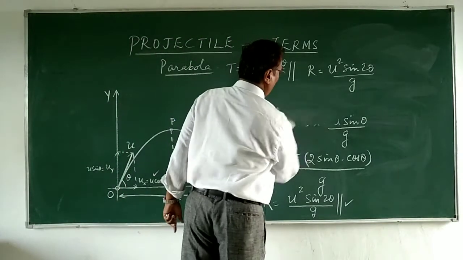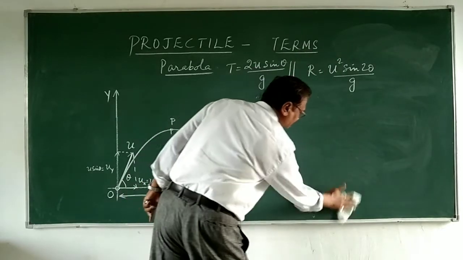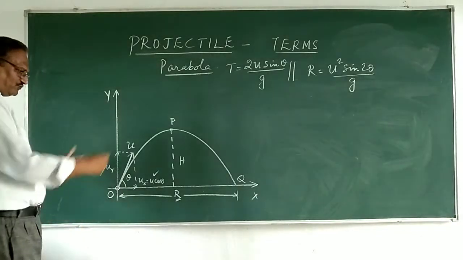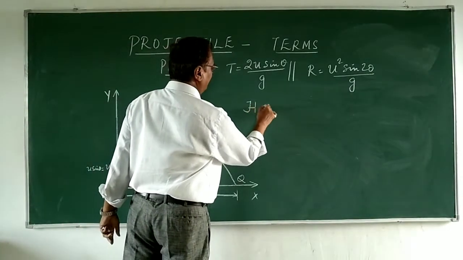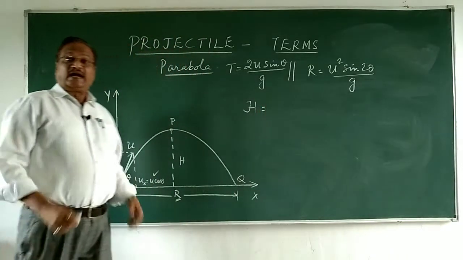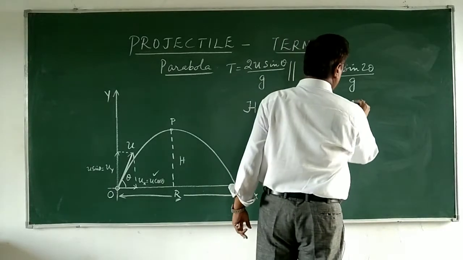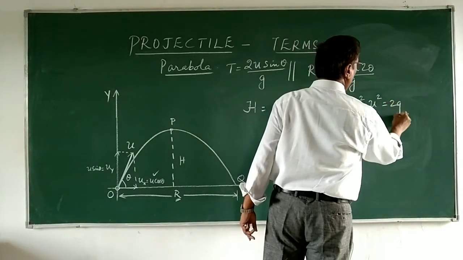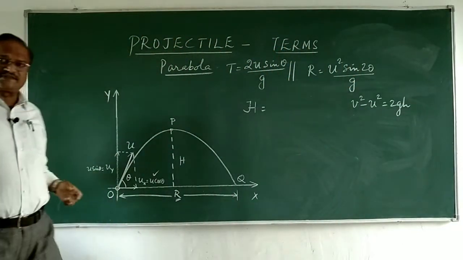Let me remove this now. Now, which equation will satisfy us for finding the maximum height reached? I would like to take the third equation of motion, which is v square minus u square is equal to 2gh.